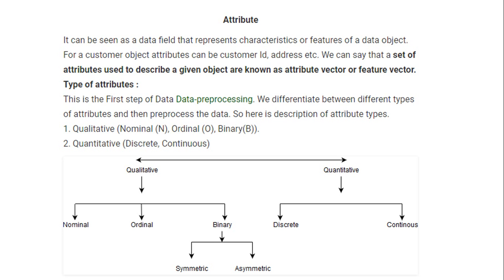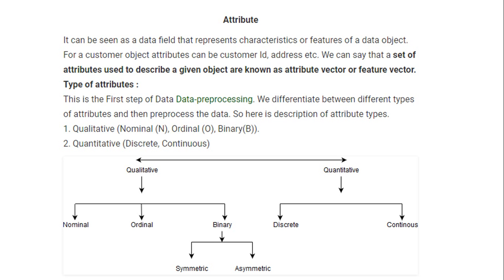So now we are done with nominal attributes. Now it's time for us to go straight to ordinal attributes. We are still trying to explain these attributes in the field of data mining. An ordinal attribute is an attribute with possible values that have a meaningful order or ranking among them, but the magnitude between successive values is not known.